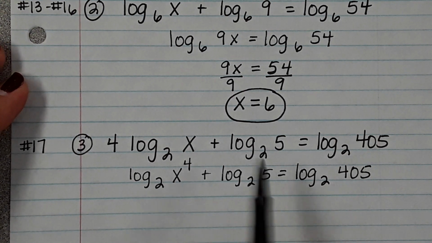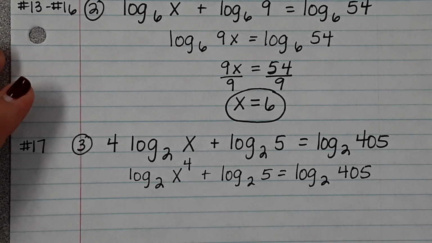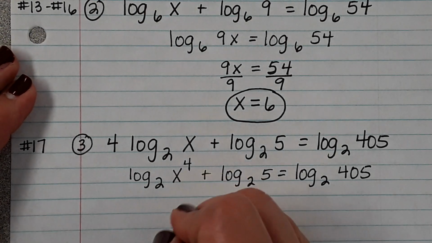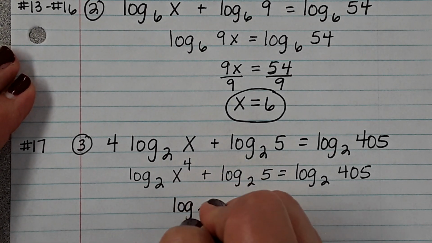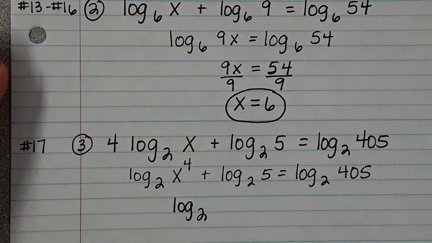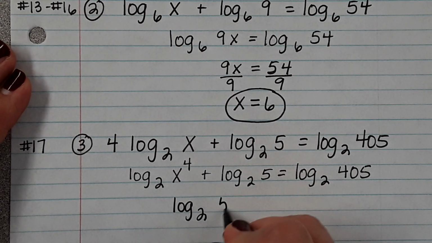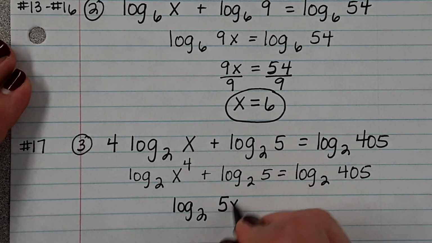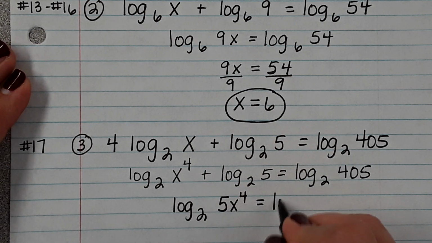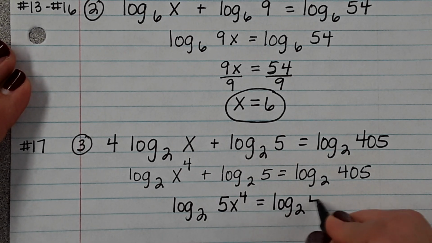And you guys said, hey, it's an addition problem, so I can rewrite that as a multiplication. You guys remember order for multiplication doesn't matter, and you're just going to put the coefficient, you're going to put the 5 first because that's the number, and then you put the variable. Log base 2 of 405.